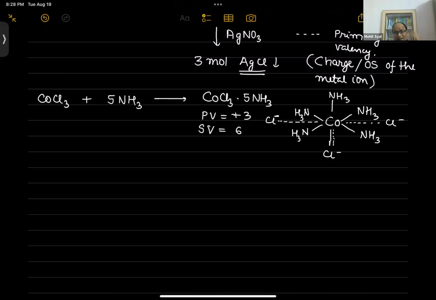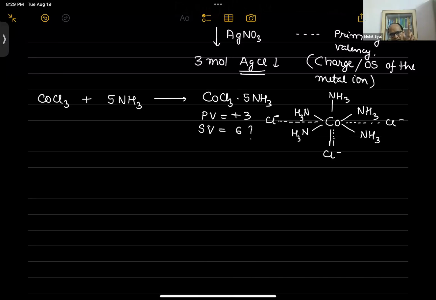But the secondary valency is still 6. The secondary valency is the coordinate covalent bonds, which we call them today; Werner called them secondary valencies. There are just 5 NH3. How come the 6 covalent bonds are going to get formed? The answer is that the 5 NH3 molecules will make 5 covalent bonds, right?